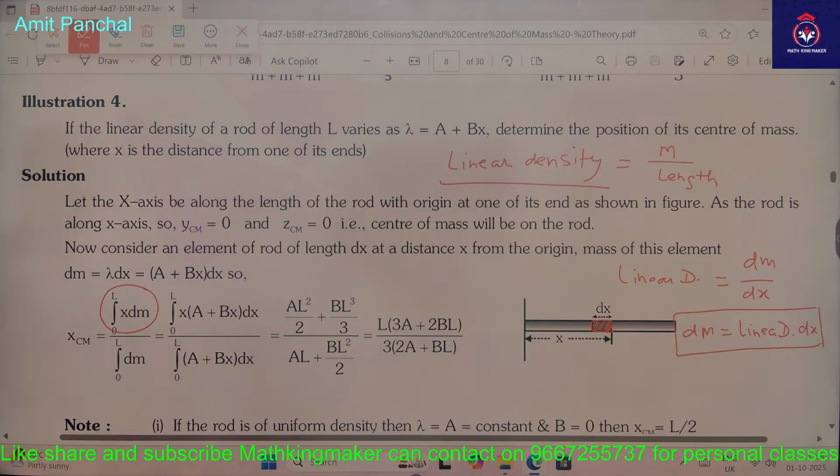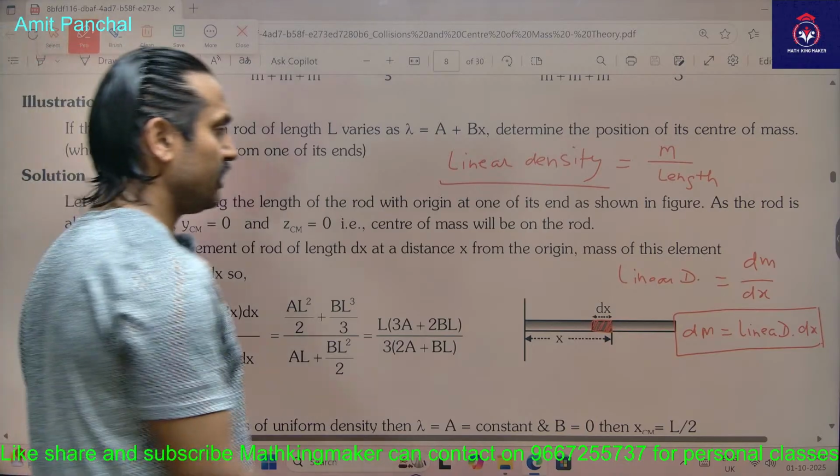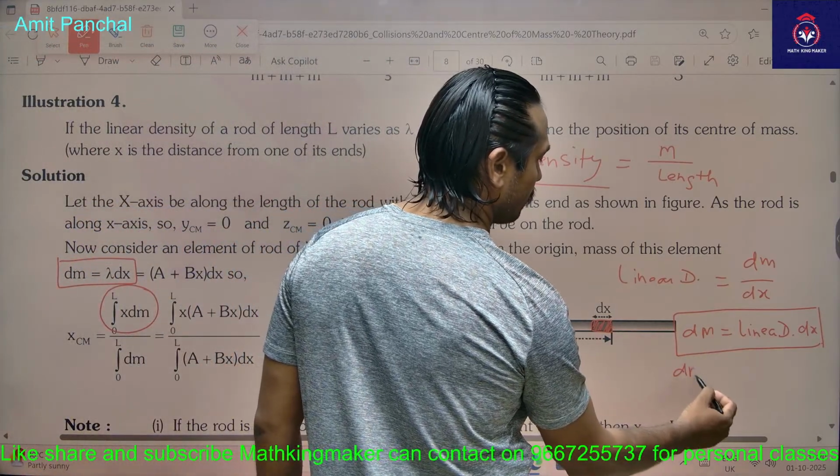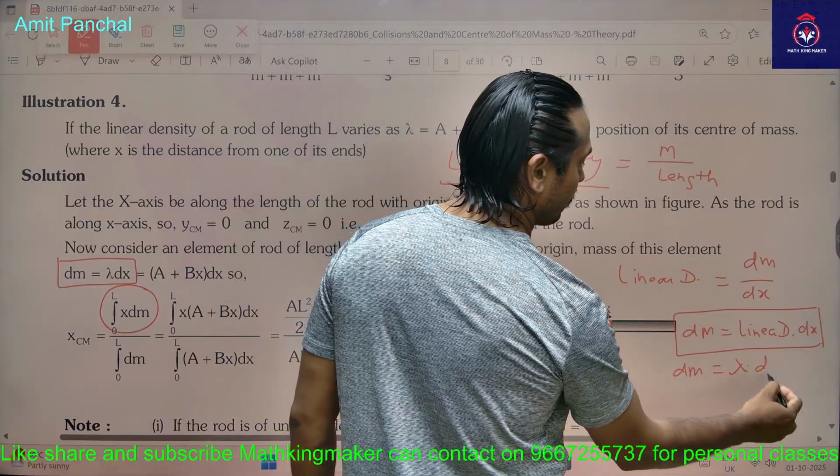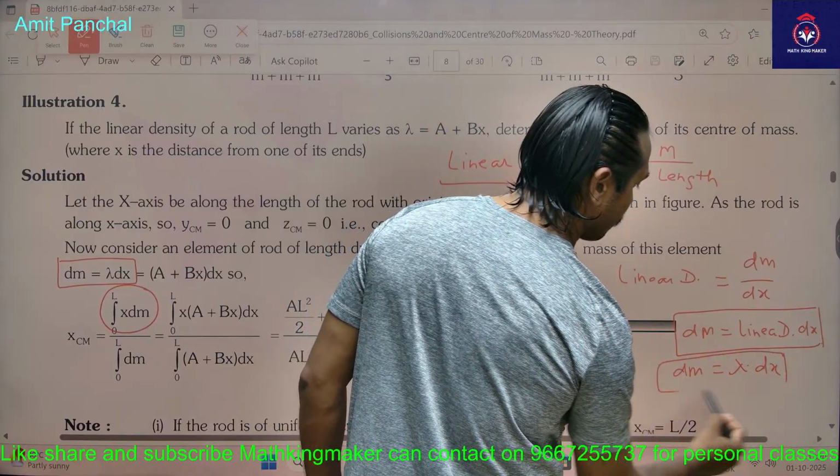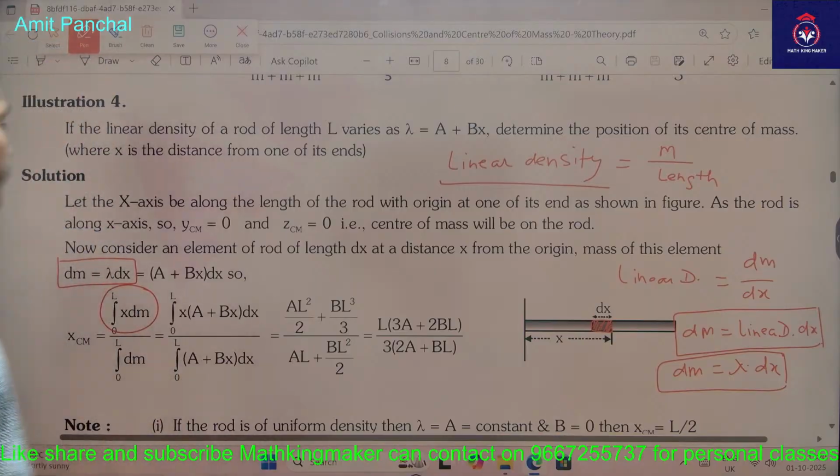So dm will be what? Lambda is the linear density, so dm will be lambda into dx. That's why they have taken dm as lambda into dx, and lambda is given as a plus bx.